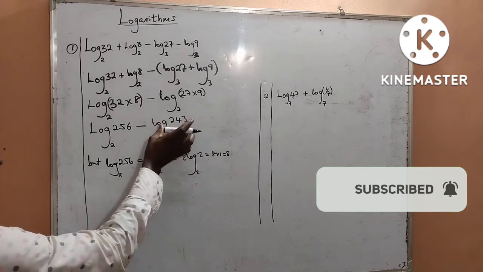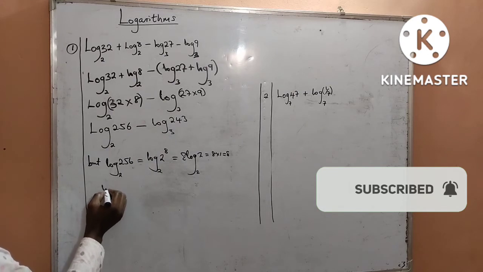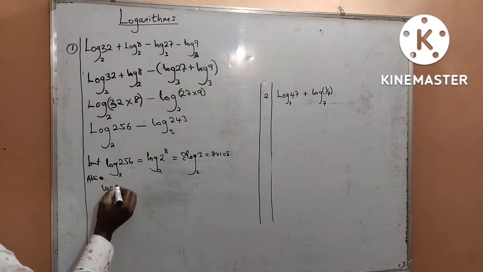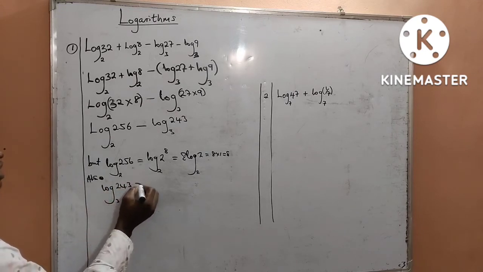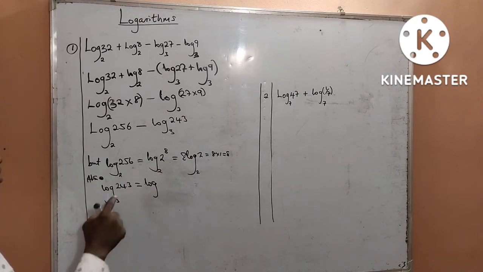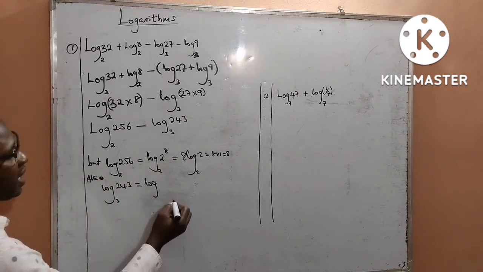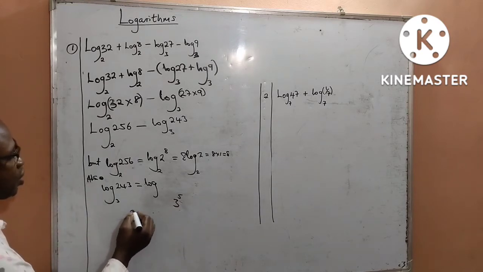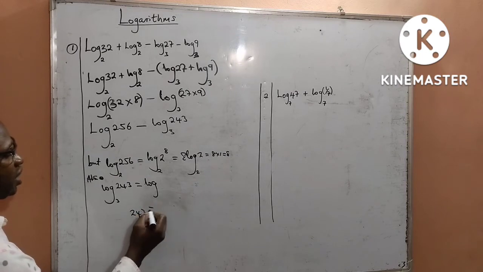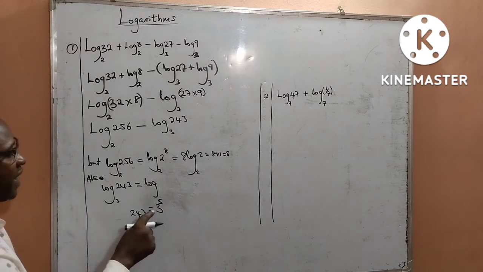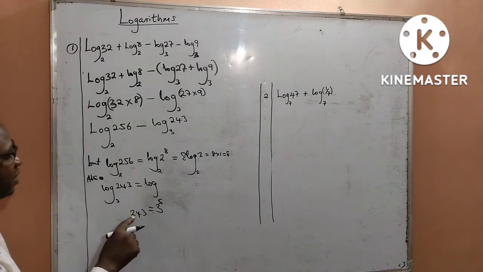Applying the same to the second expression, the log of 243 base 3 can be written in index form. 243 is equal to 3 raised to the power 5, meaning that if I multiply 3 five times, I get 243.